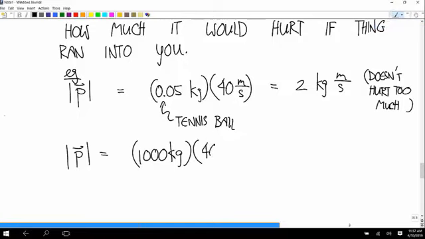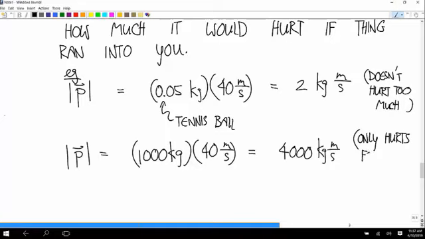And let's say that's going 40 meters per second. Okay, so it's going the same speed, but that mass makes a big difference. And now you have 40,000 kilogram meters per second, and it only hurts for a second. Thank you. That's the new math. Only hurts for a second.